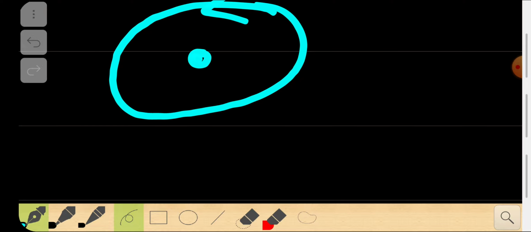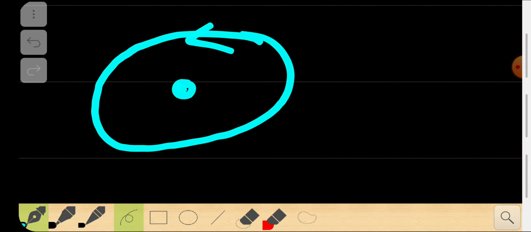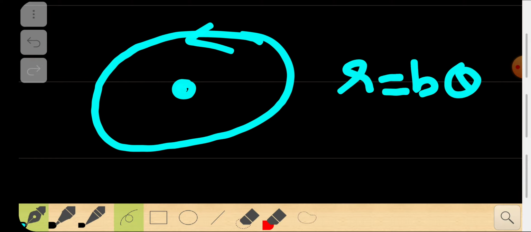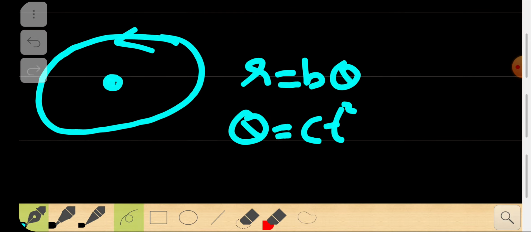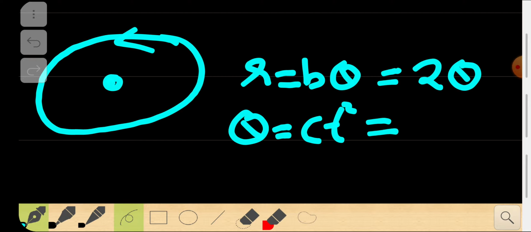Now the equation of that motion, where r is changing, is r equal to b times theta, and theta is equal to c times t square. Let's simplify: b is equal to 2 and c is equal to 3, so theta is 3t square.